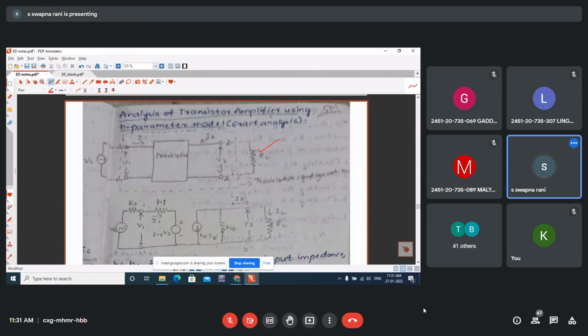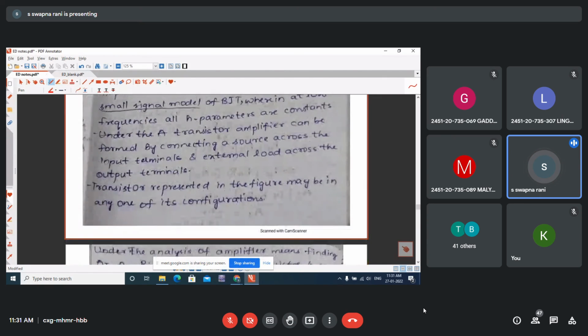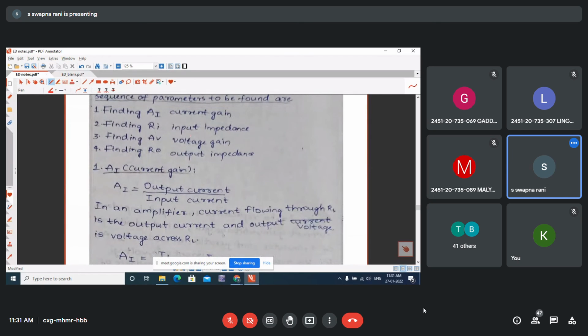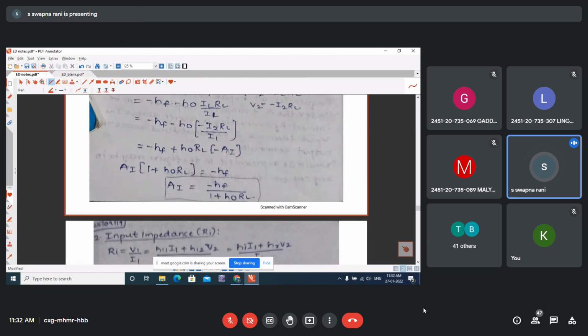Now, whatever transistor block is there is replaced with the H parameter model. Using this circuit, we are going to find the current gain AI, RI, voltage gain and output impedance of the amplifier, that is, the current gain of the amplifier in terms of circuit elements.